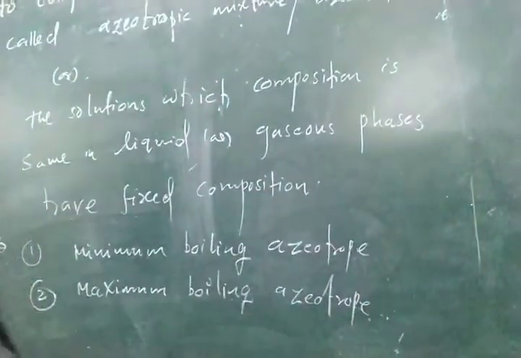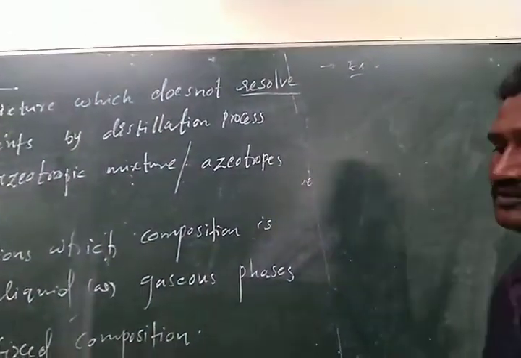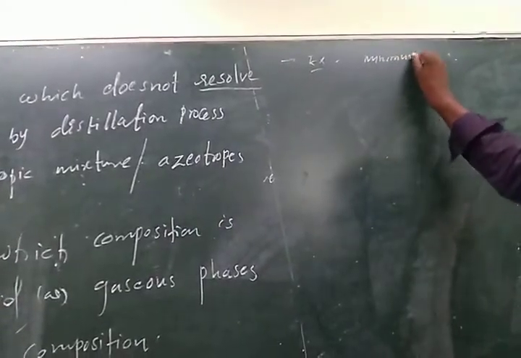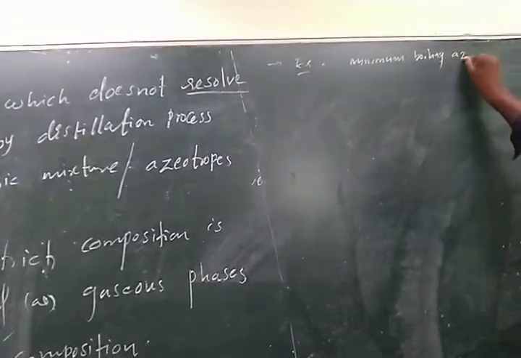So first, an example for a minimum boiling azeotrope.